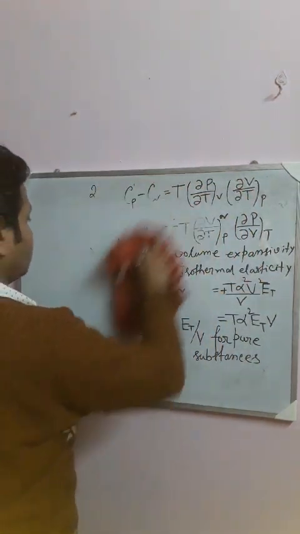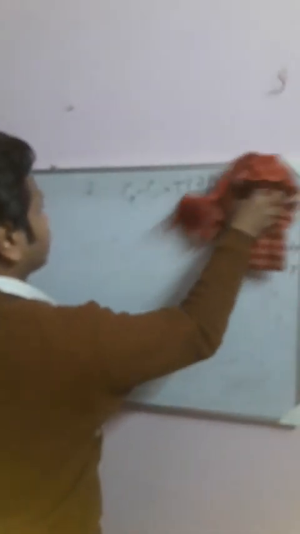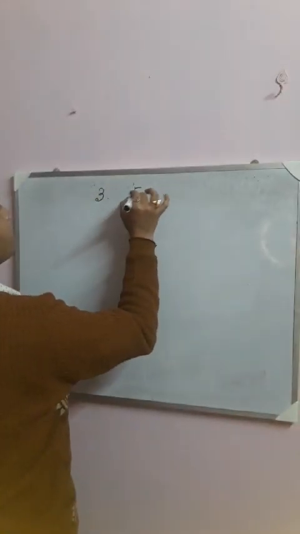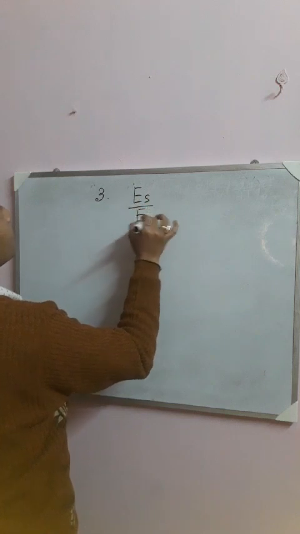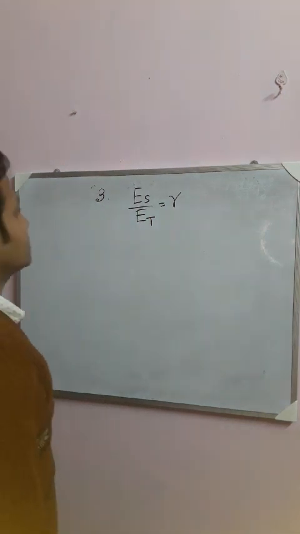Now let us move to another problem. We have to show that Es upon Et equals gamma, the ratio of adiabatic and isothermal elasticities.